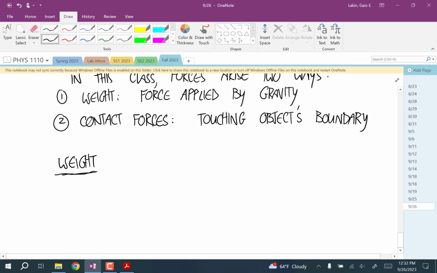Well, we watched that video of somebody dropping a bullet and firing a bullet at the same time, and we saw that gravity is not affected by an object's motion. So we've seen that gravity is doing the same thing to an object whether it's moving or not. Gravity is always applying the same force to a given thing, no matter what an object is doing.